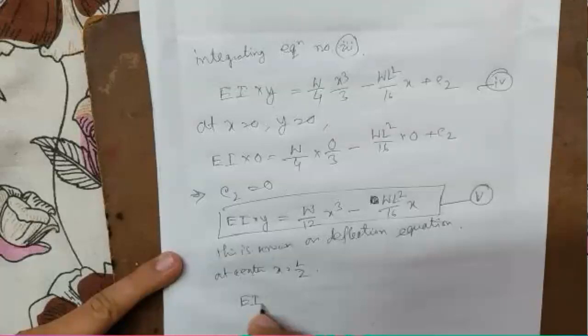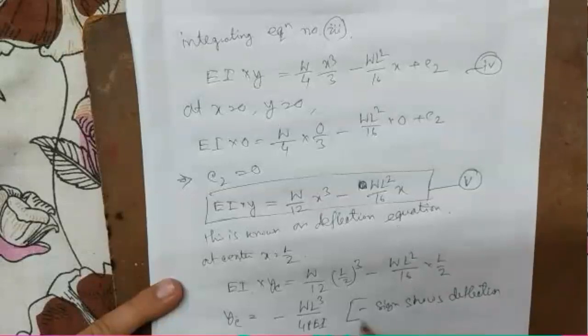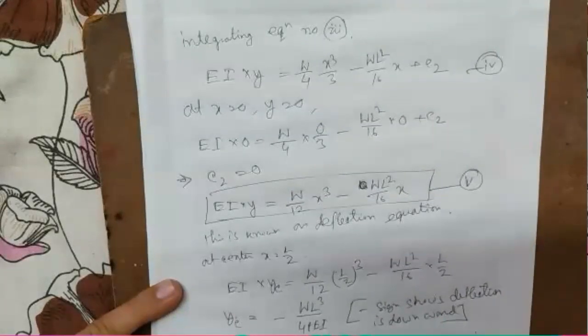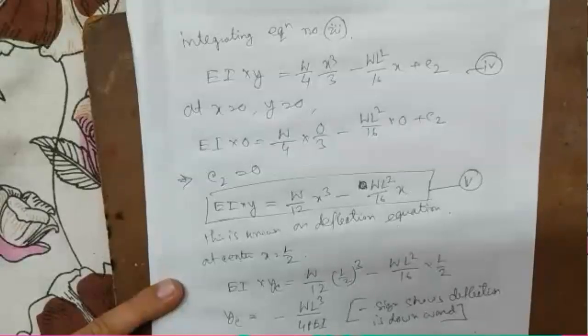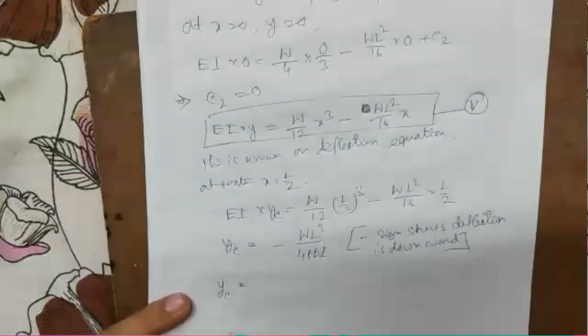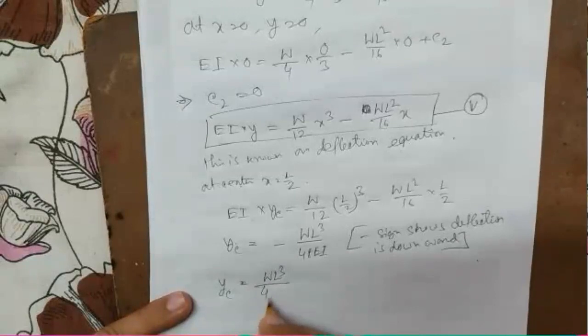This is coming negative, so the deflection is downward. Remember, the negative sign shows deflection is downward. The magnitude can be found by this term, YC is equal to WL cube by 48 EI.